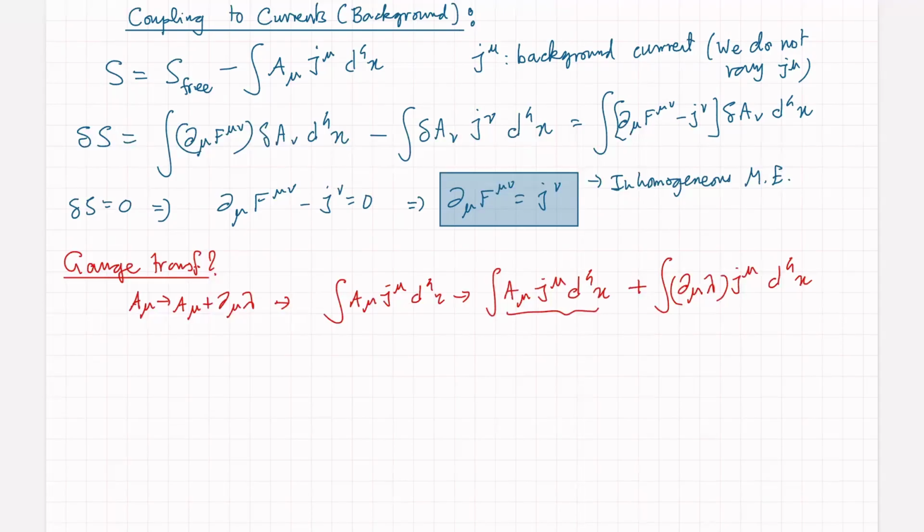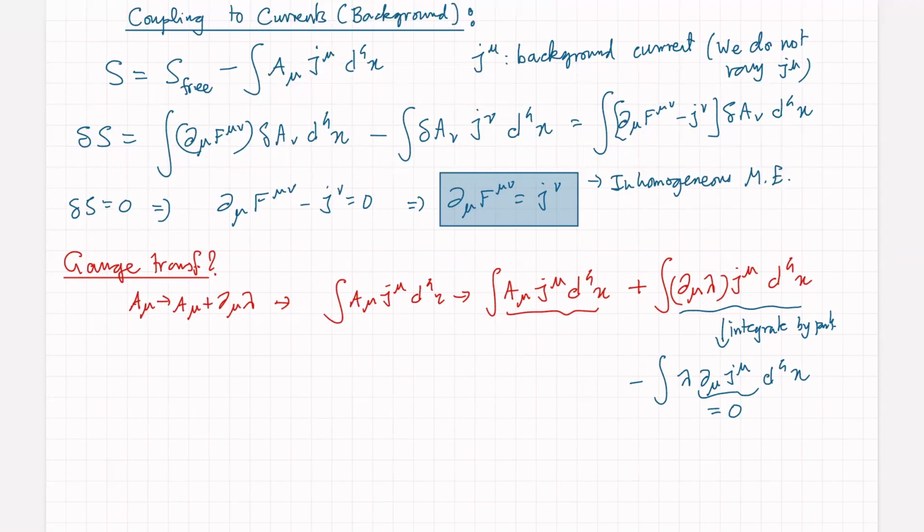Now, the first part is the same as before. We need to worry about this extra bit. So, standard trick, integrate by parts. When you integrate by parts and throw away the total derivative, this is lambda del mu J mu d4x. And this, remember, because of the continuity equation, has to be 0. So therefore, even though we have expressed it in terms of A mu, by virtue of J mu satisfying the continuity equation, this is gauge invariant.